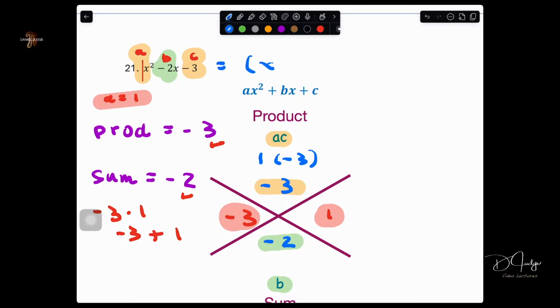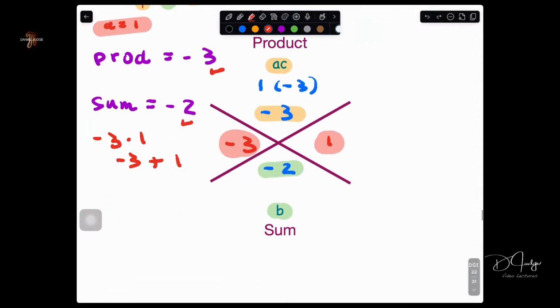We put X minus 3 times X plus 1. Again, keep in mind you are using the numbers you just found in that exercise. Keep the signs. The 3 is negative, the 1 is positive.